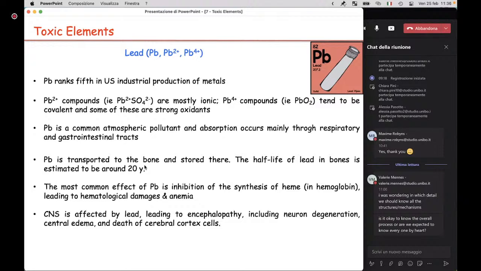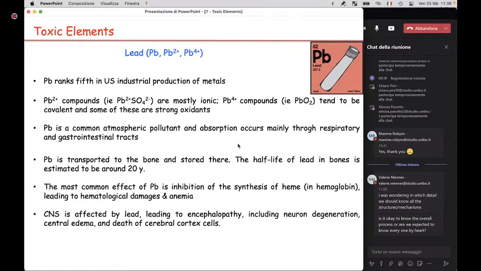Even if bones are renewed, destroyed and rebuilt, of course just small parts of the bone are destroyed and rebuilt continually. Once lead goes into the bone, it can stay there for about 20 years. And since lead is not exactly identical to calcium, it's only similar, it can cause problems in bones. It can make them more brittle, more easily breakable.